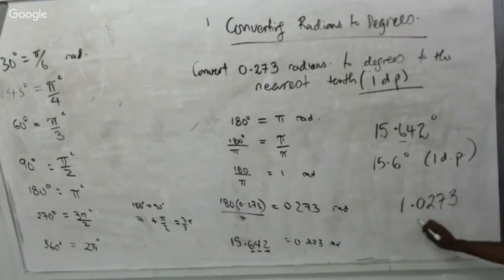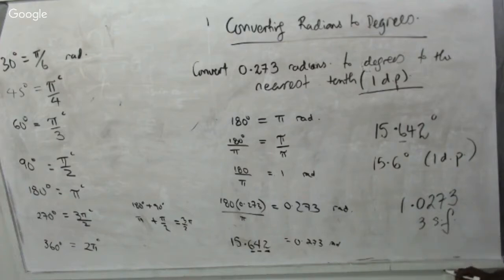If I'm asked to round that to 3 significant figures, what would the answer be? I would have to ask, what's the first non-zero value? It could be 1. Oh, hold on, do I still count that? Yes, because once I start counting, I don't skip anything for significant figures. 1, 2, 3.